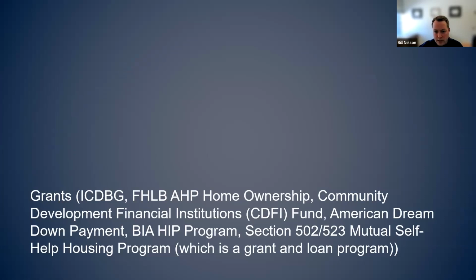So as it says here, these are the specific programs that I'm going to cover. And it is a lot, but a lot of them are topics we've touched on before and have a specific sub-program or underutilized program that particularly goes to financing home ownership projects.